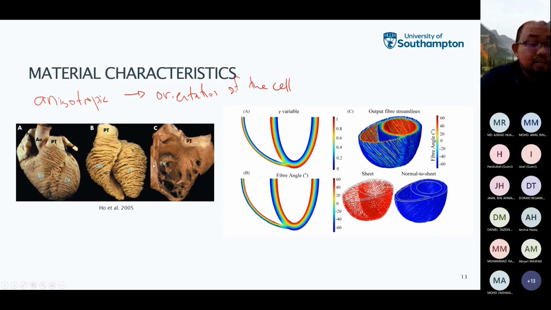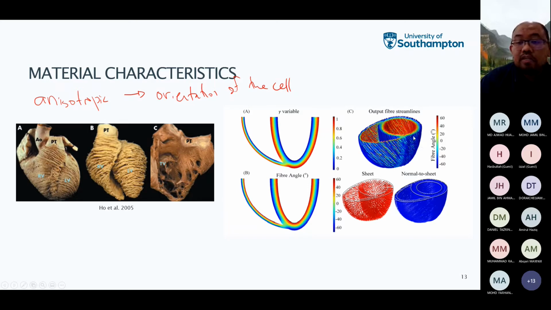Here, this image is coming from a cadaver that's already been dried up, and we can see that there's some orientation due to the muscle. This orientation is important because it determines how the heart behaves. So we have to define our fiber, or our cardiac muscle fibers.